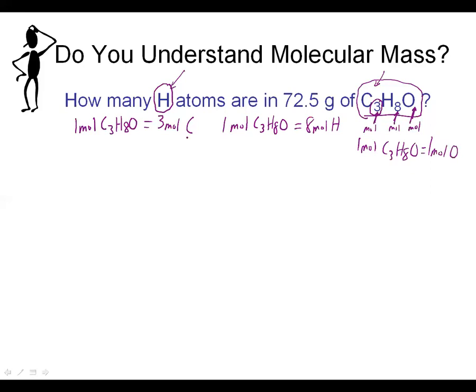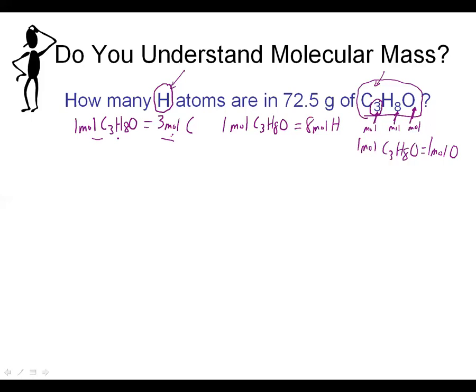So we could actually use these guys as conversion factors. We could say in this case, for example, 1 mole of the entire thing over 3 moles of carbon, or 3 moles of carbon over 1 mole of the entire thing. And that's going to allow us to go from the entire compound to the individual element that we're interested in.